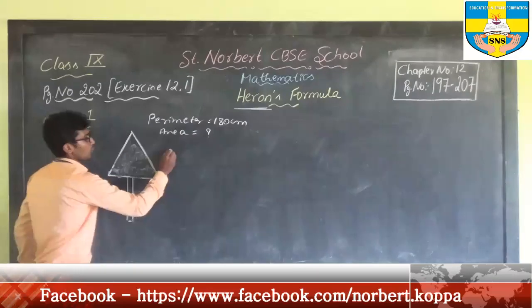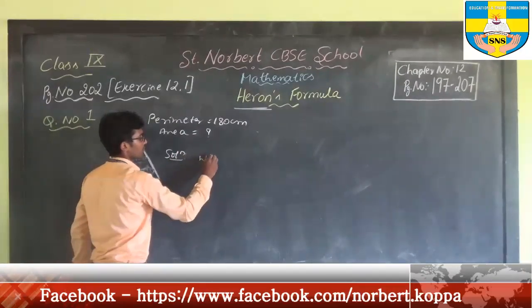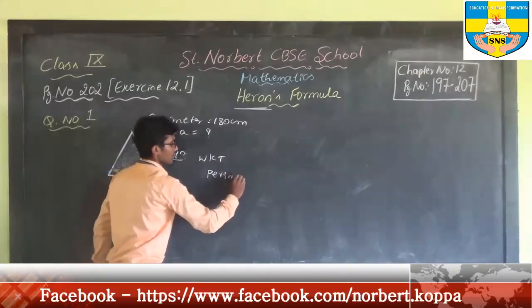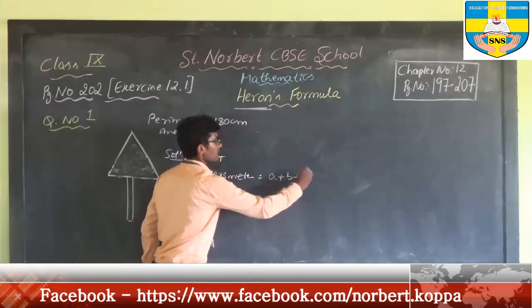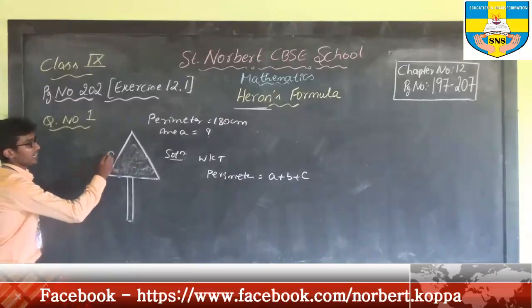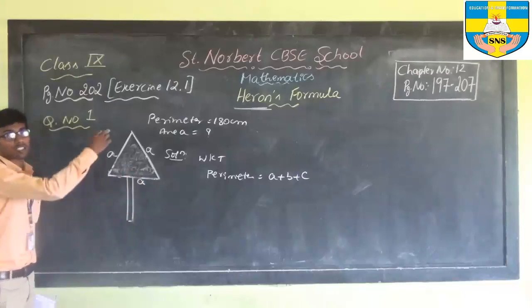How to calculate? When it comes to the solution, we know that perimeter of triangle is equal to A plus B plus C, right? In case of an equilateral triangle, all three sides are equal.